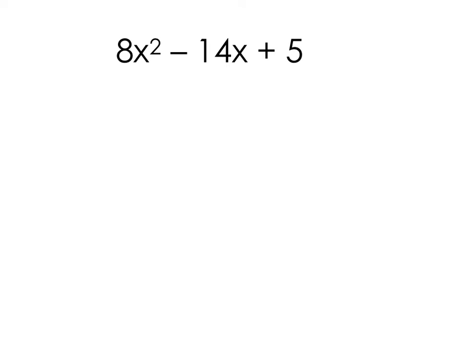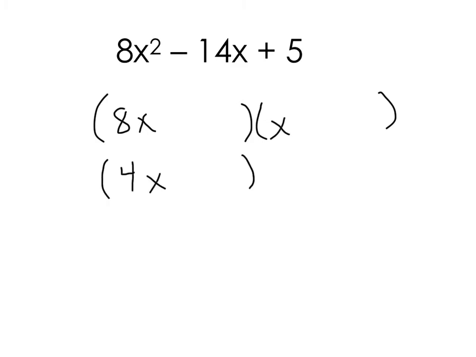This one is a little more complicated because we have 8x squared. So, is it 8x times x? Maybe. Or is it 4x times 2x? Maybe. I don't know. We have to try both of them.